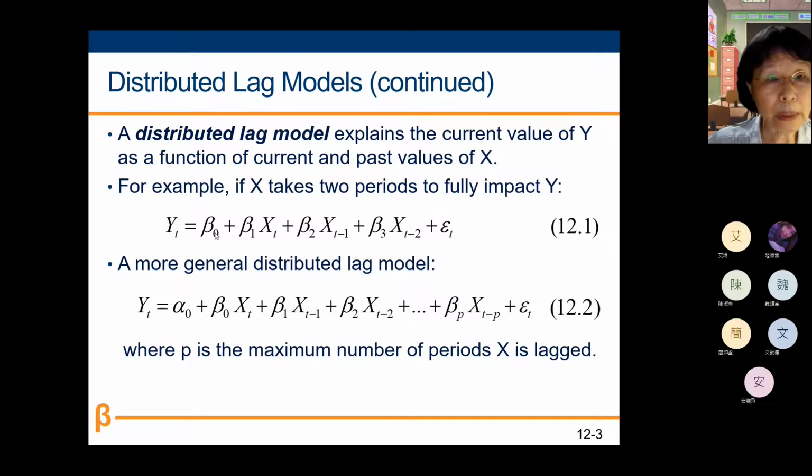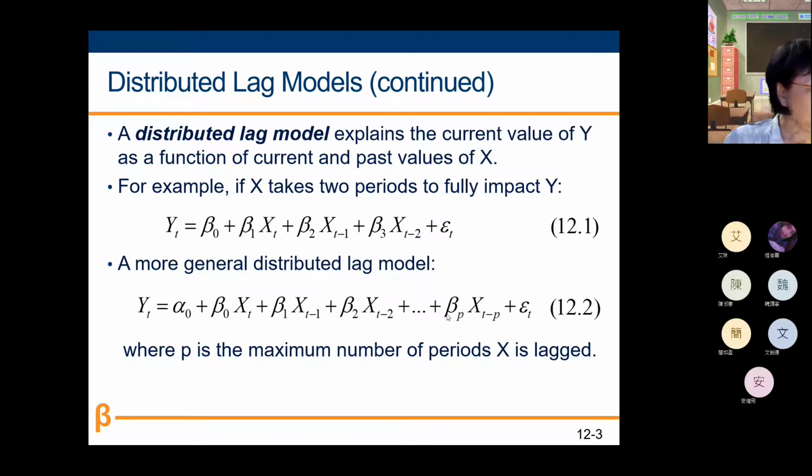Equation 12.1 says the advertising affects Y over two time periods, but if you think the advertising effect is not just two periods, it can be extended to many periods, for example, p equal to 5.